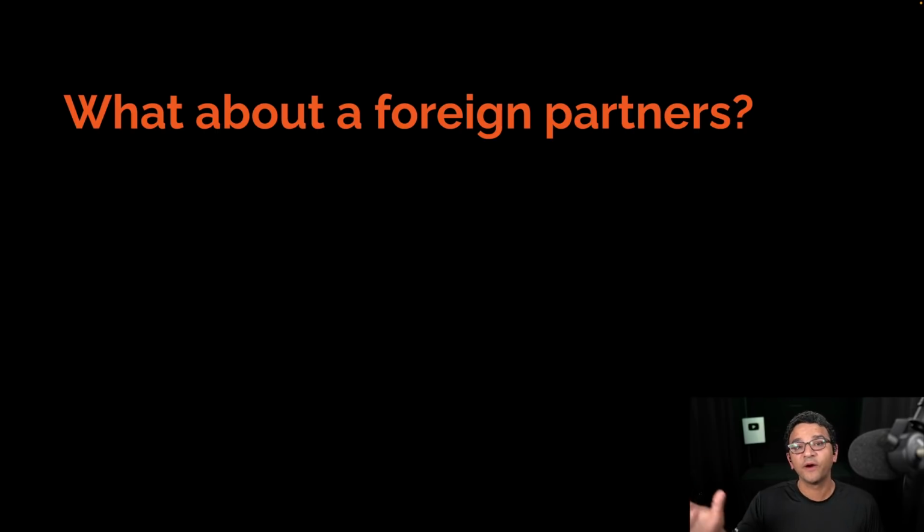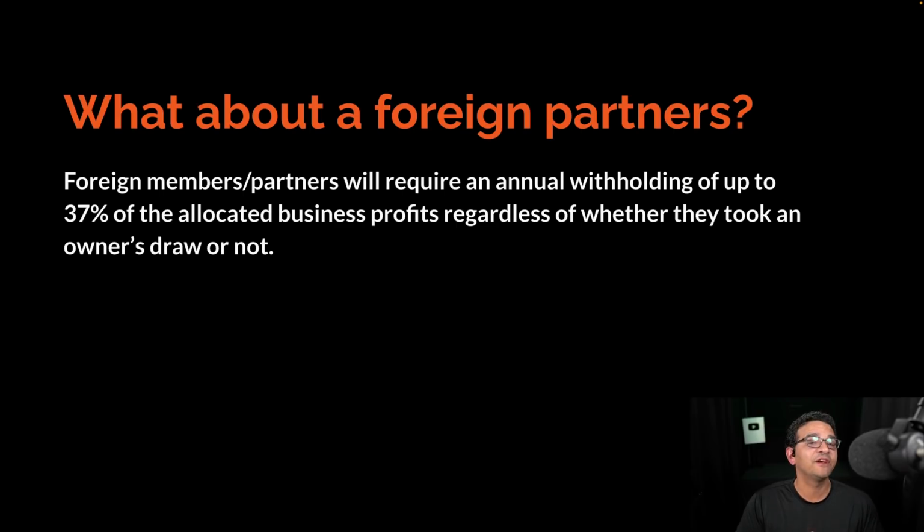Okay, what about foreign partners? This gets a little bit tricky. So what if you have an LLC with foreign partners? Well, if there's a foreign partner of the LLC, there will be a requirement for the LLC to make an annual withholding at the maximum tax rate. So 37% of the profits of the business allocated to the foreign partner needs to be withheld.